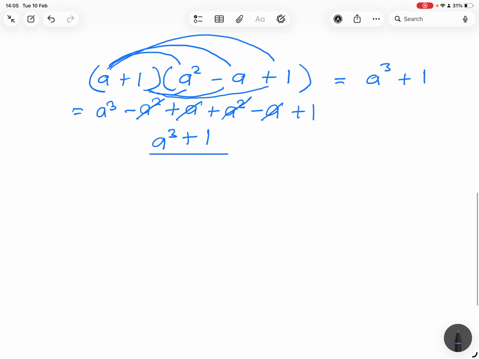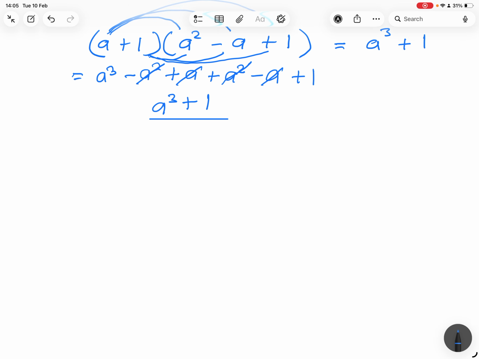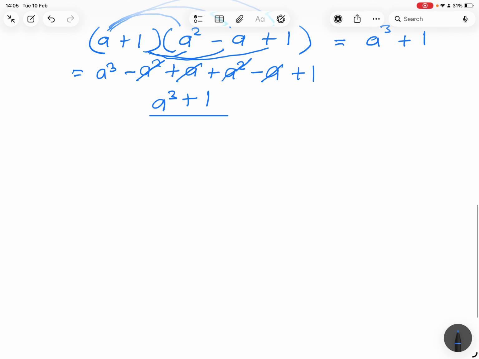Ladies and gents, please try out some more and let me know if you've been able to figure it out. Well, let me leave you with just one more problem. If we take 3x plus y, firstly, I want you to tell me, do you think this will give us the sum, or it will give us the difference of cubes?